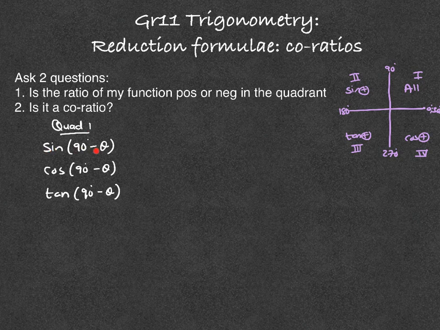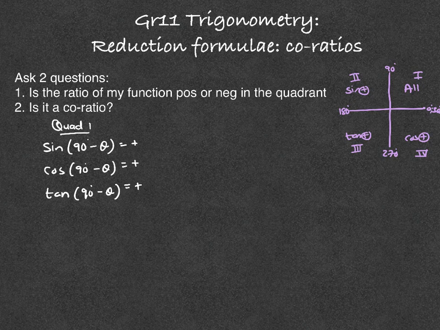Is the ratio of sine positive or negative in quadrant 1? Is the ratio of cos positive or negative? And is the ratio of tan positive or negative? In all these cases, everyone is positive in quadrant 1. That's the only quadrant where they're all positive. So each of these ratios would be positive. Good, that's your first question.